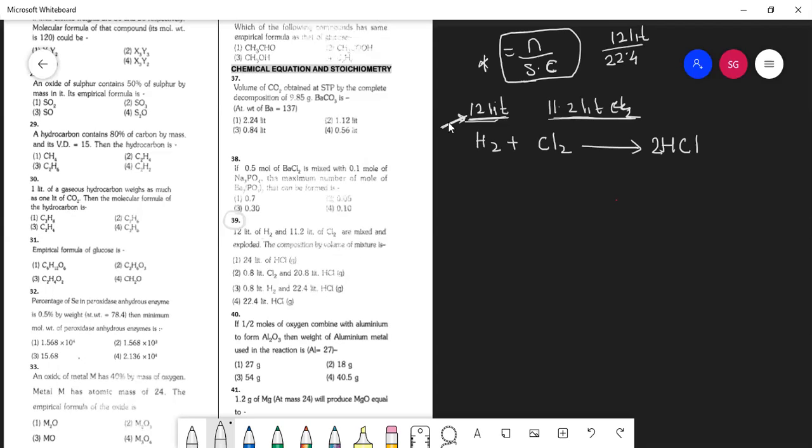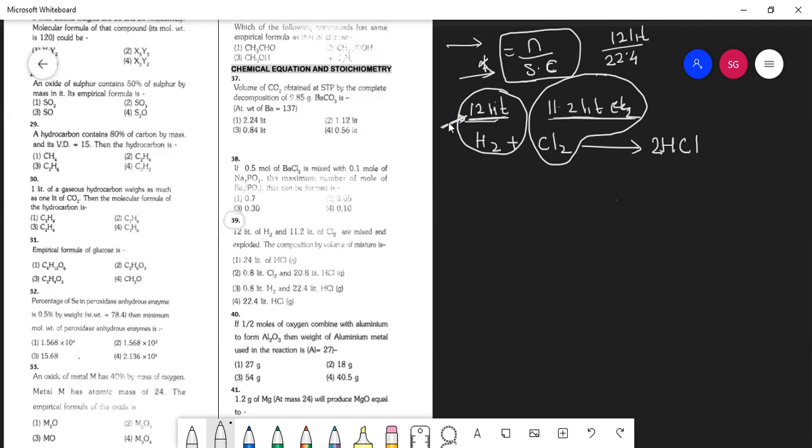You have the formula moles upon stoichiometric coefficient. You solve it for this and for this. Whichever comes less is the limiting reagent, and whichever comes more is the excess reagent. But one more trick I'll tell you.